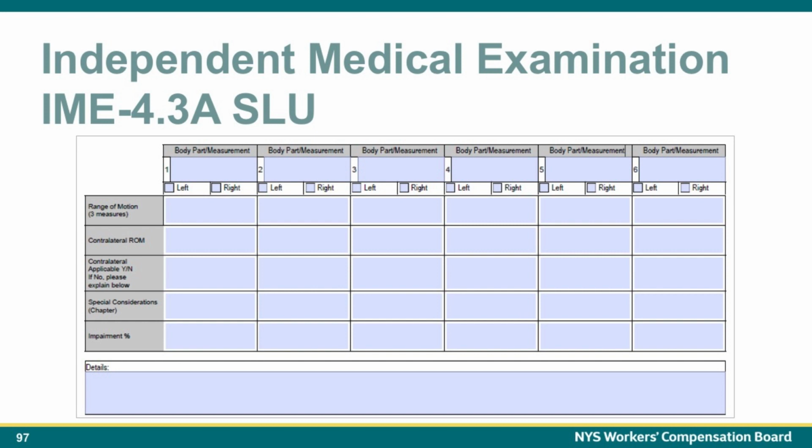If you are performing an independent medical examination for non-schedule loss of use, complete Form IME 4.3B. Or you can provide a narrative that includes all the required information. Independent medical examiners should complete both Form IME 4.3A and Form IME 4.3B when both schedule and non-schedule impairments are associated with the date of injury.